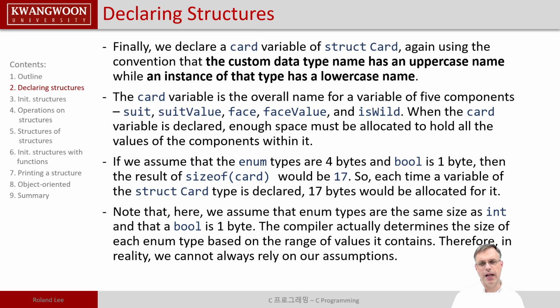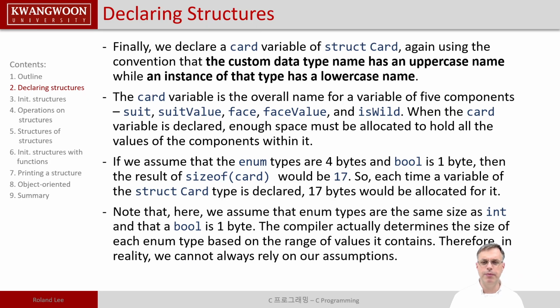The card variable is the overall name for a variable of 5 components: suit value, face value, and is wild. When the card variable is declared, enough space must be allocated to hold all the values of the components within it.